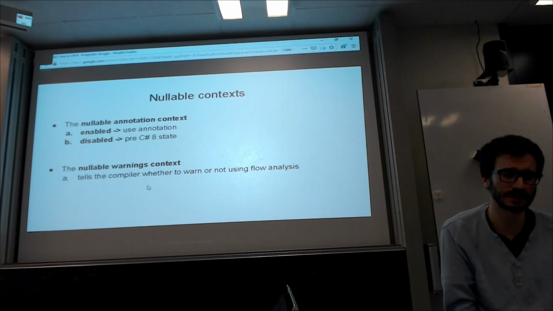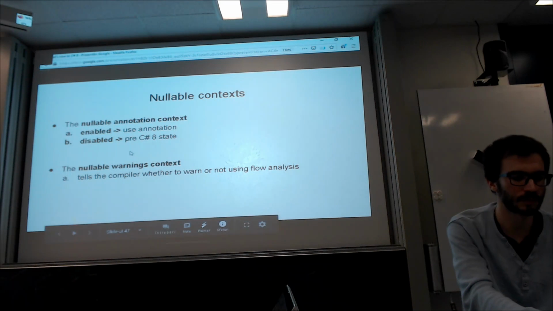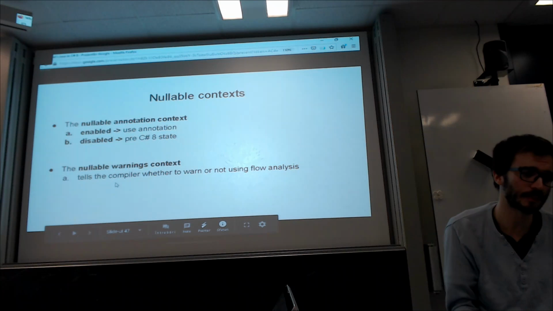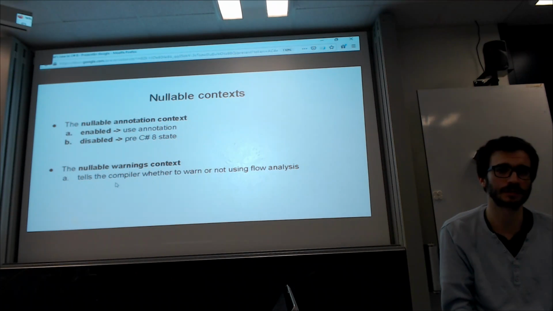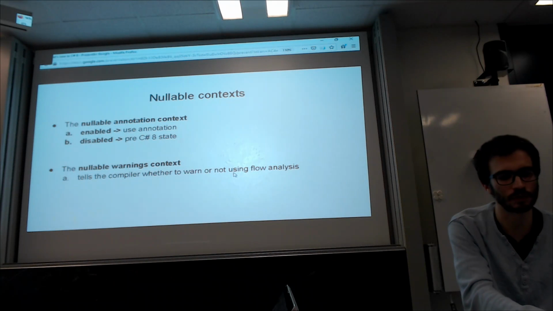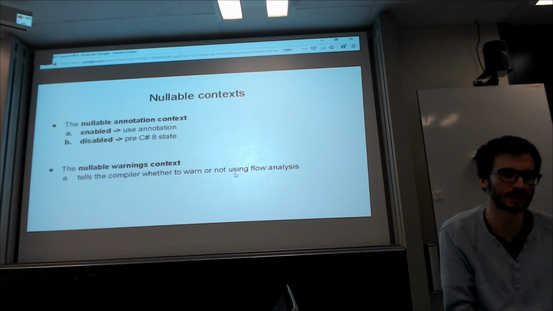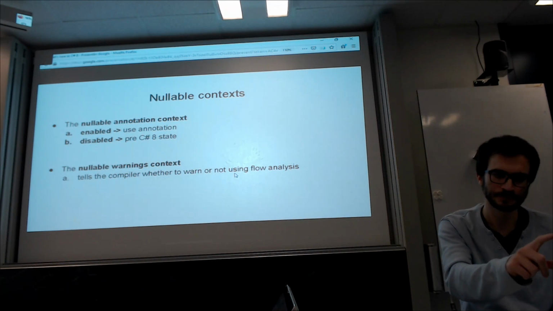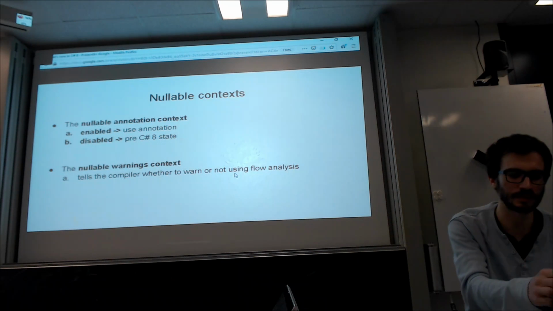If it's disabled, all reference types are nullable, so it's just what we're used to. And the nullable warnings context means that the compiler will warn in the build, using flow analysis, that you're dereferencing a null. These two contexts can be used together or separately.